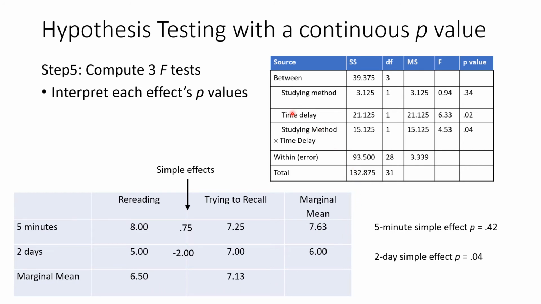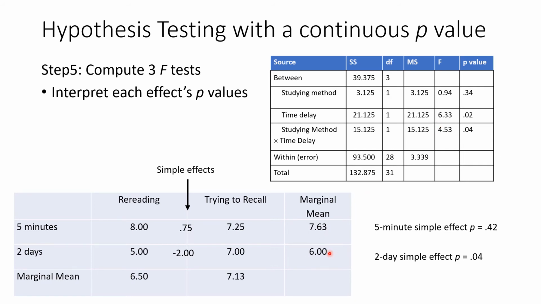So the next thing is to look at the main effect of time delay. That's comparing these two marginal means. And you can see that this f value is 6. That is quite a bit larger than you would expect due to sampling error. Again, if the null is true, you expect something close to 1 for the f value. 6 is obviously much greater than 1.